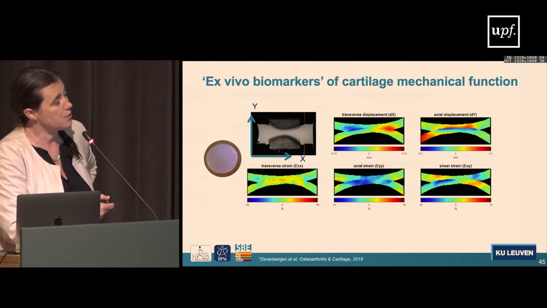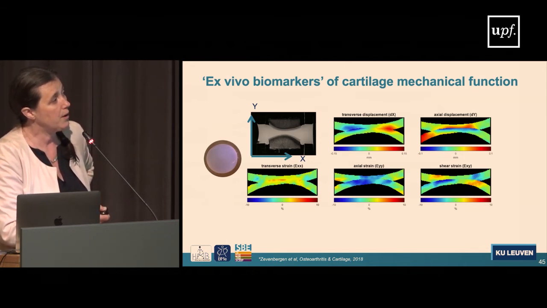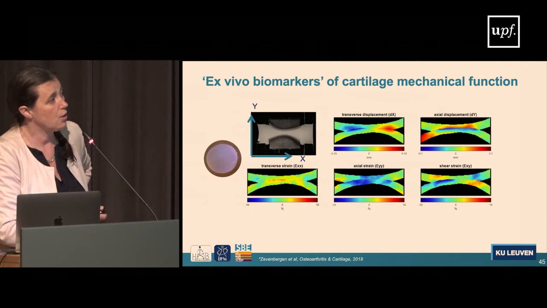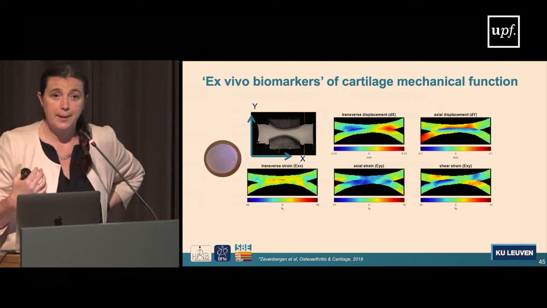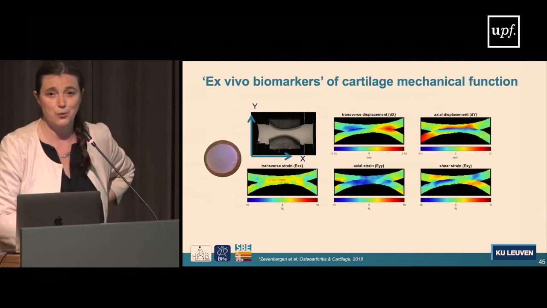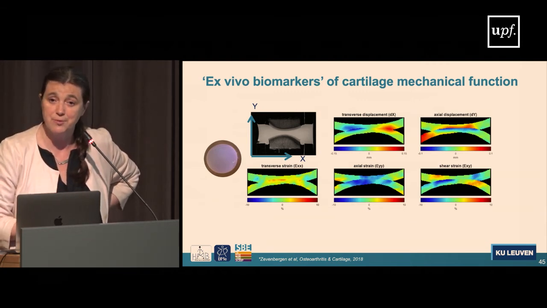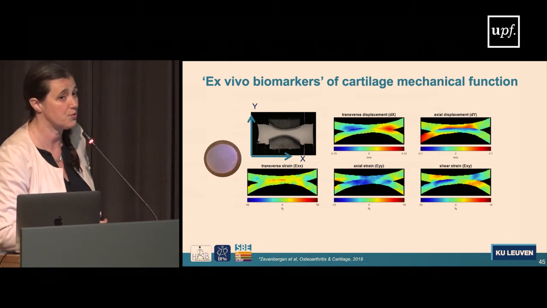So you have the transverse displacements, you have the axial displacements, and from that we go to the documentation of the strains. And we are mainly interested in shear strains because I've been told that shear strain would be something that cartilage does not like. So I'm very much interested in shear strain here.